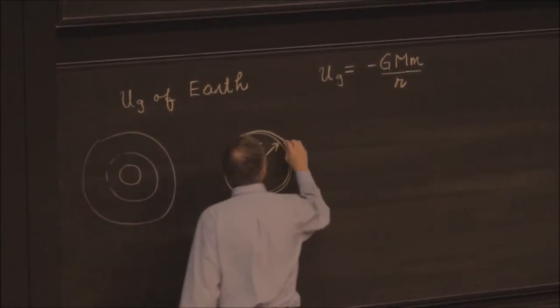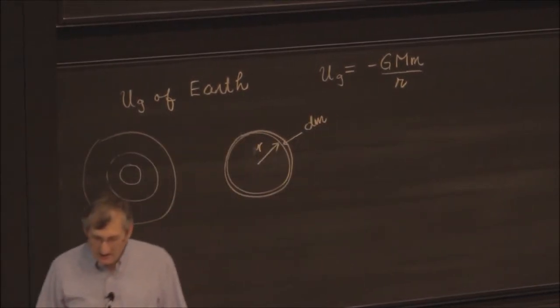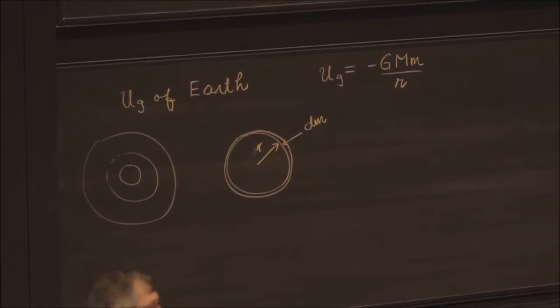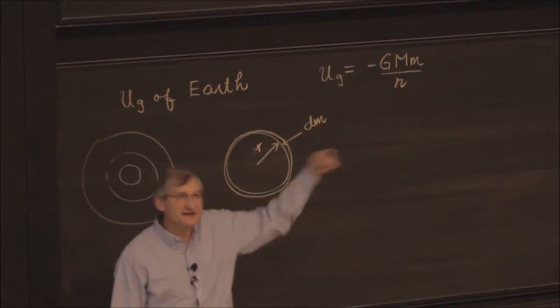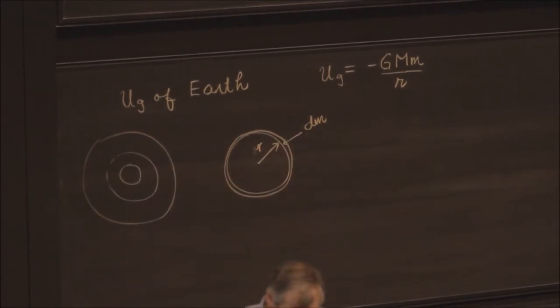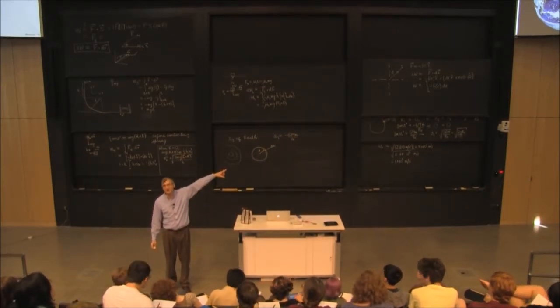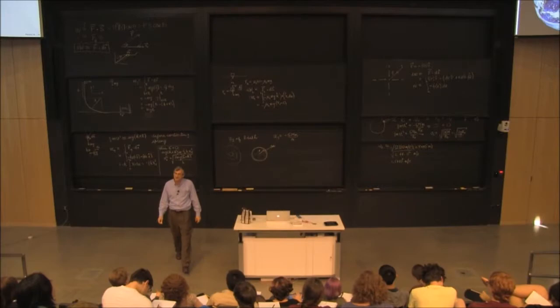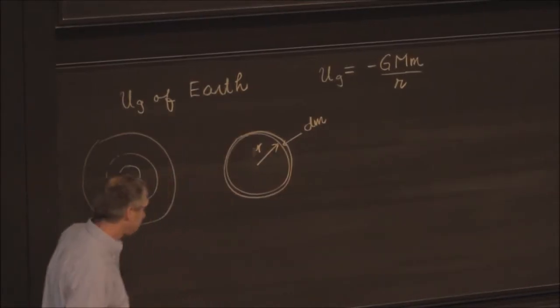So there's going to be a little bit of mass in a shell of little thickness, dr, that I bring in. And as that falls in from infinity to be assembling the Earth, it will release a certain amount of gravitational potential energy, because it started with 0 and it ended up with a negative amount. And I need to then figure out how much that is.